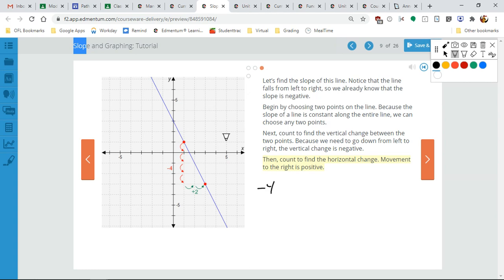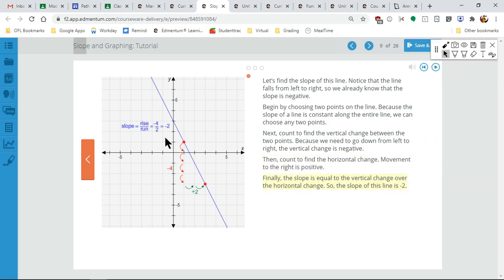This one, we have a negative over a positive. Or if we went the other way, let's say I was like, oh, I'm going to go over this way, which is -2, but I go up 4, I would still get the same answer. I would still get -2 and -2. So my slope here is going to end up being -2, not even depending on which way I go.